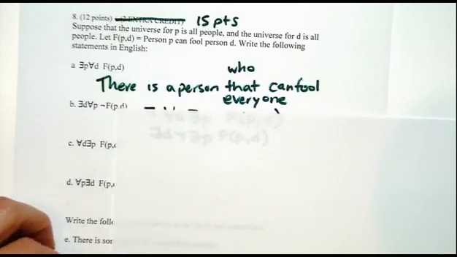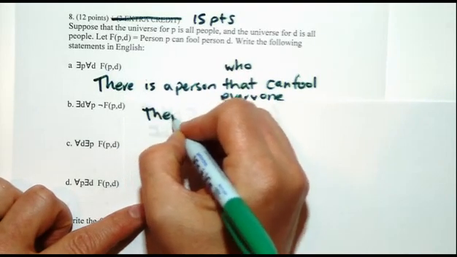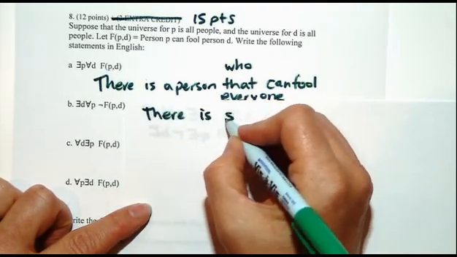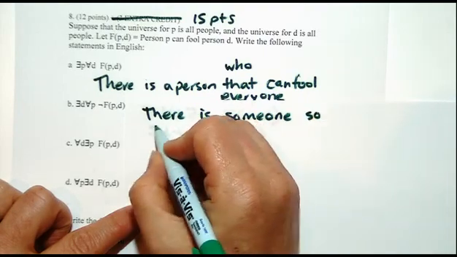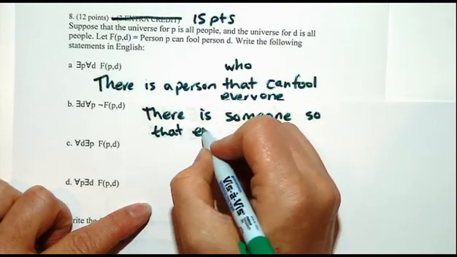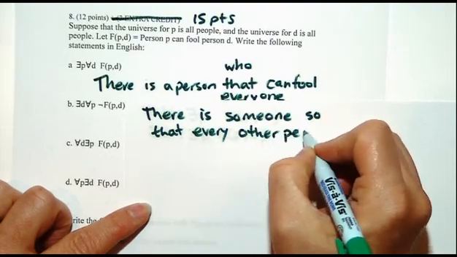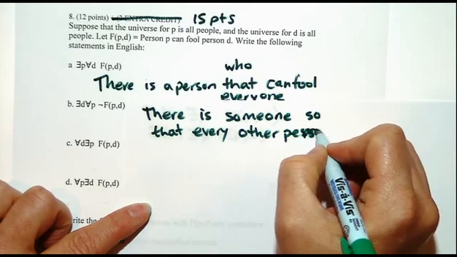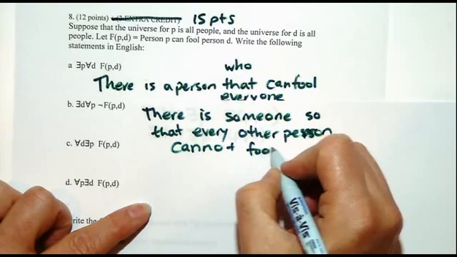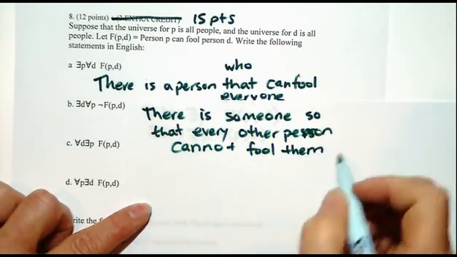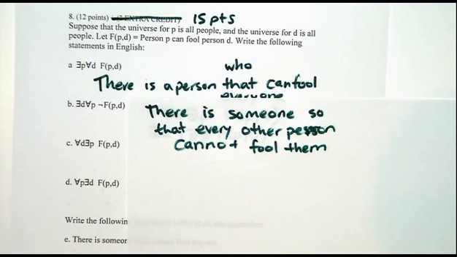So that's what I would write if I was going to write this in English, exactly the way it's written. So that's how I'd write that if I was going to write directly what that says.